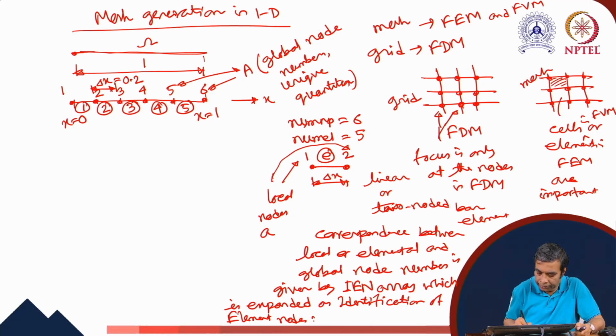So we read it IEN small a small e equals to capital A.